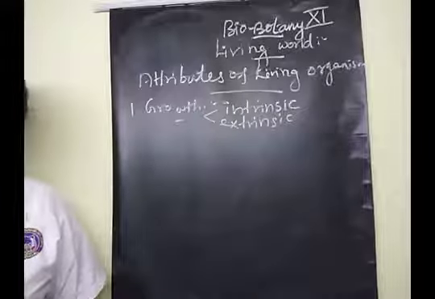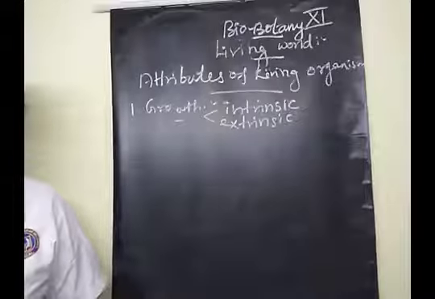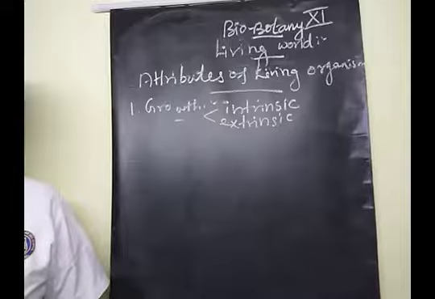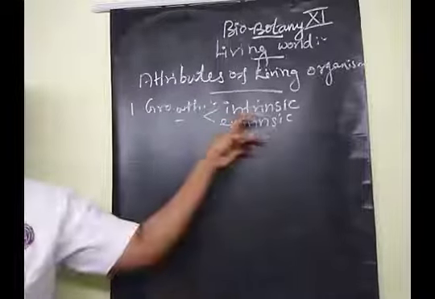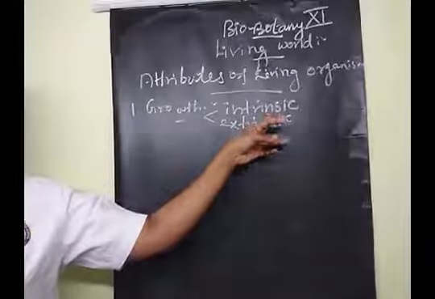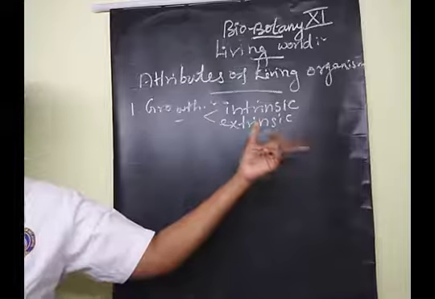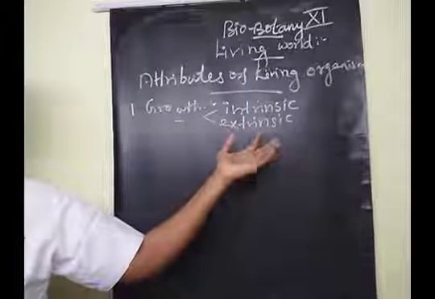Can you say one example of a unicellular organism? Yes, good. Bacterial cell, amoeba. These come under intrinsic growth. Multicellular means many algal species and many plant species.